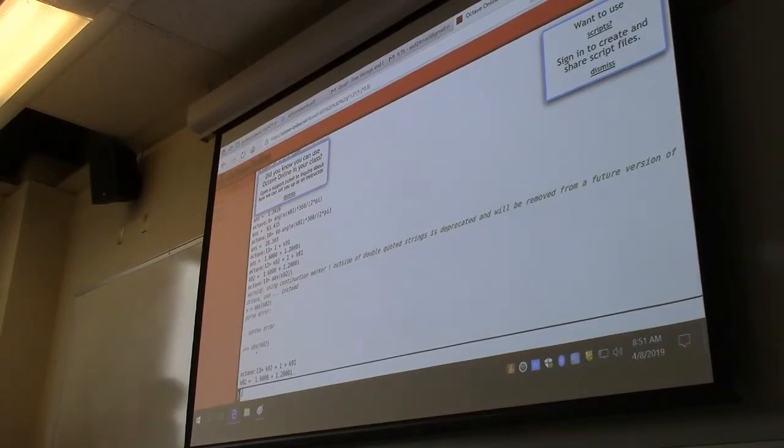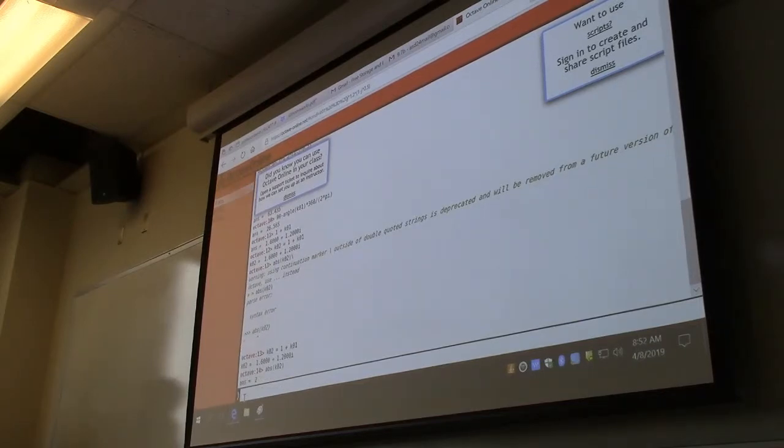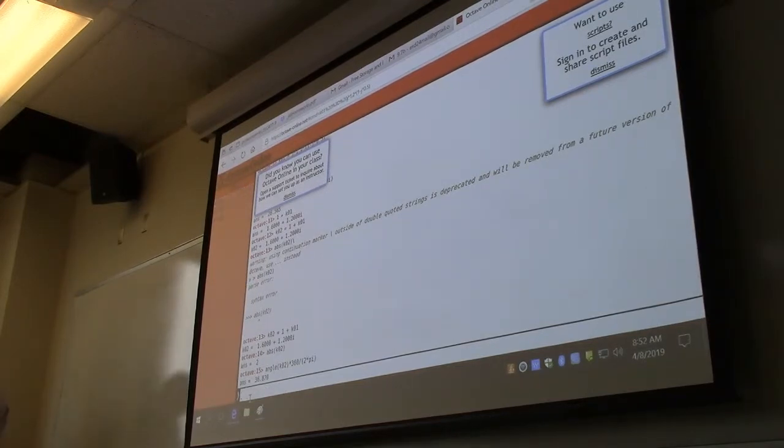Okay, absolute KO2. Okay, and angle of KO2. So we end up with 2 angle of 36.8 degrees. And that's as shown there.